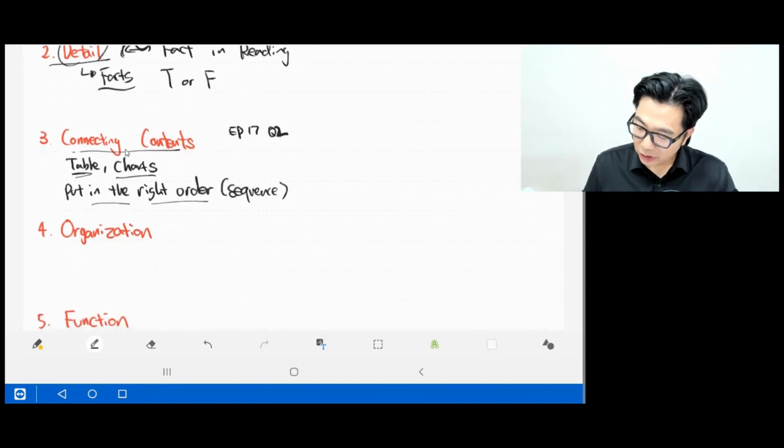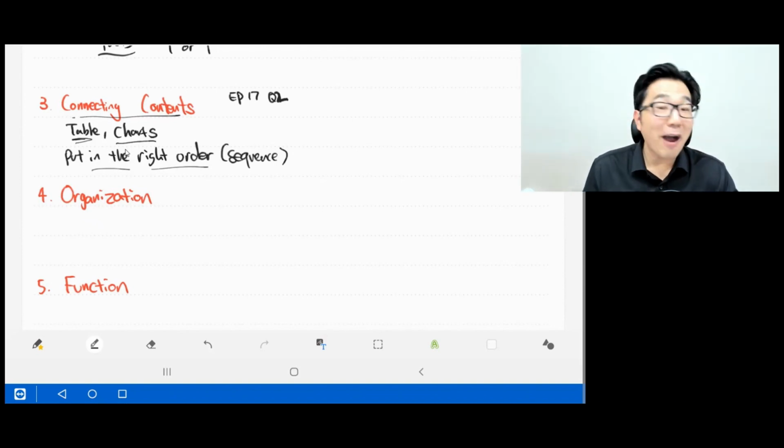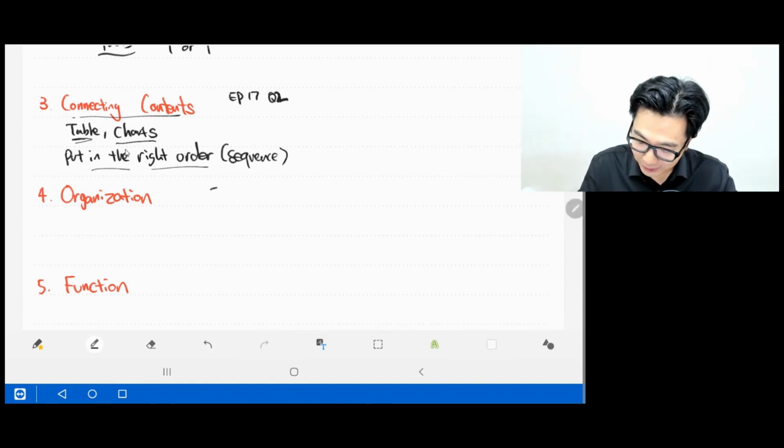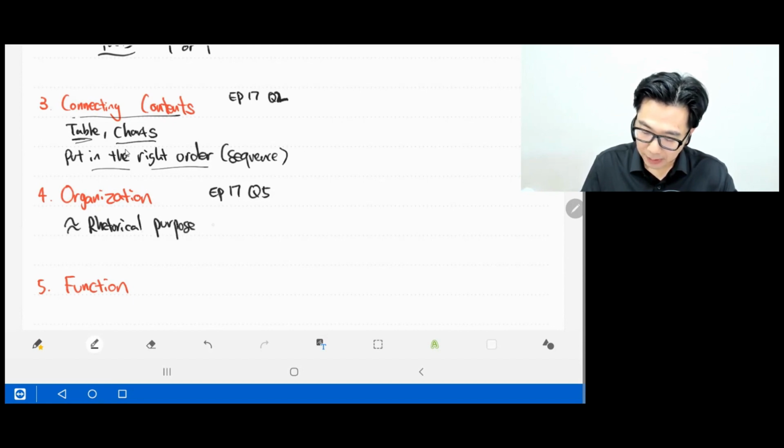4 is organization. This also came out in today's class. This was question 10, wasn't it? Question 5, sorry. We didn't have question 10 today. Question 1 to question 6. I'm sorry. So question 5, and this is very similar to the rhetorical purpose question in TOEFL reading, right?